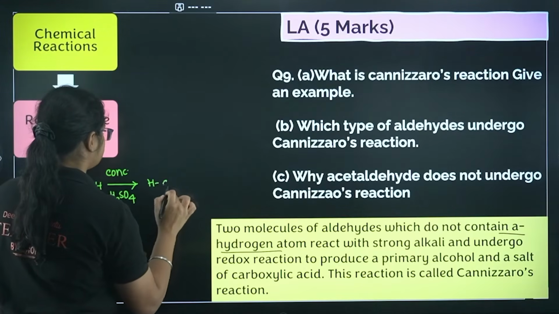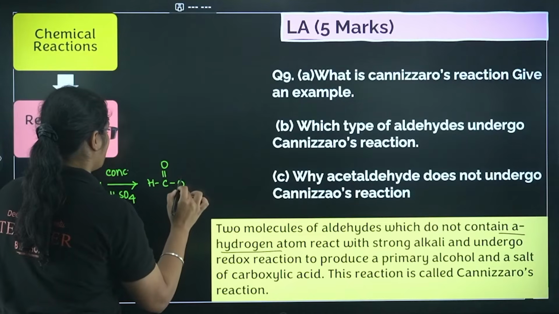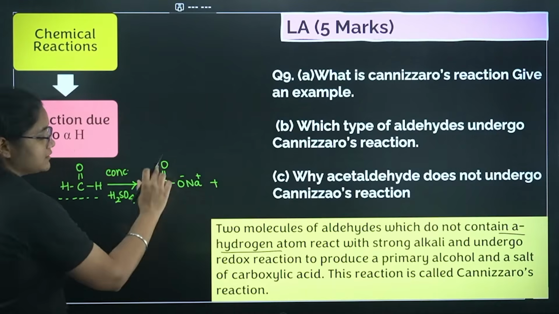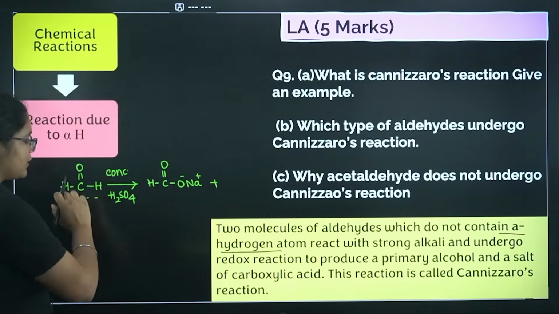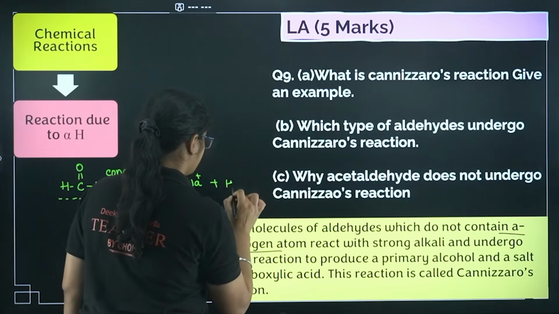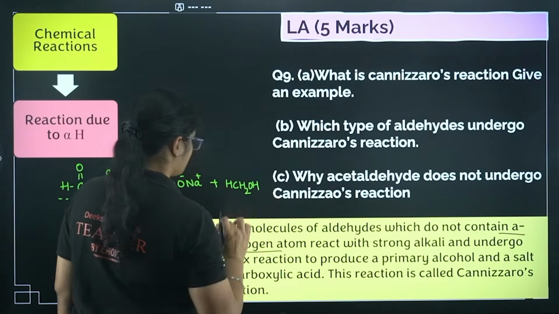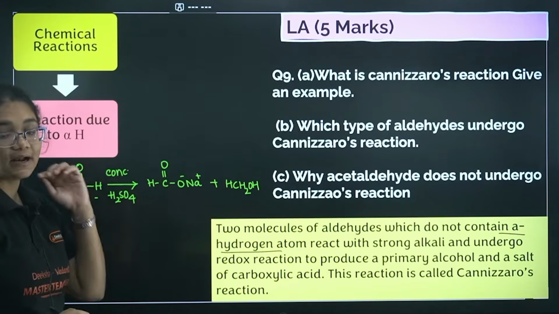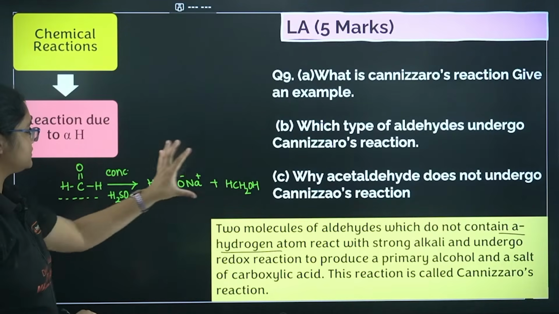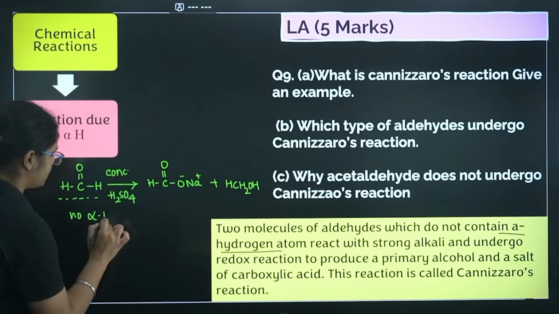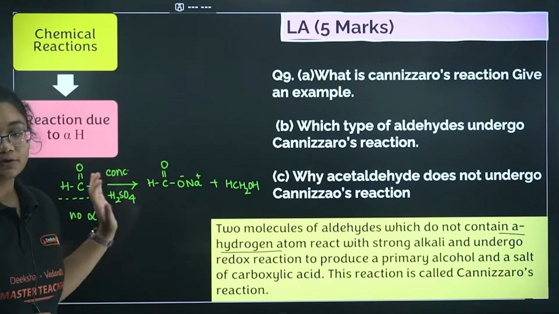So you have HCOO minus Na plus. This is the oxidized product, and the other undergoes reduction, you will get CH3OH. So one is your oxidized product and another is your reduced product. You can see this compound has no alpha hydrogen, so that is your Cannizzaro reaction.